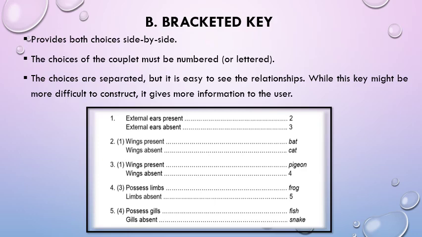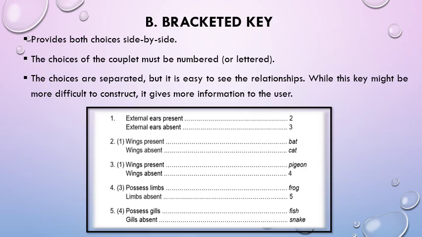If the wings are present and external ears are present, then it will be a bat. And if wings are absent but external ears are present, then it will be a cat. And this is our number 2 couplet, and with the number 2, in bracket 1 is written. It means that this couplet belongs to number 1, or we have derived the choices of this couplet from number 1.